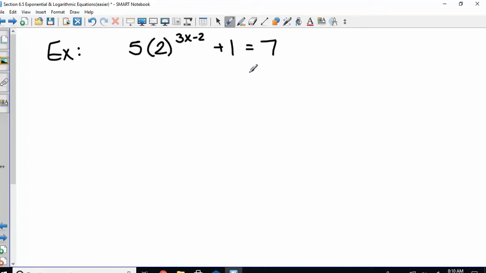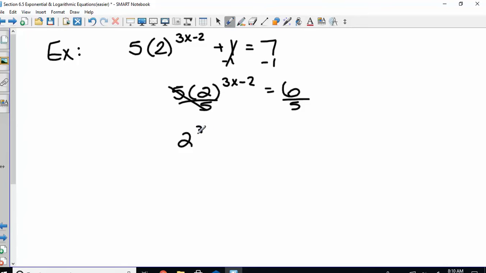Subtract over the 1, and also we can multiply 5 times. Well, the 2 has an exponent, so we can't multiply them. So what should I do with it? Divide by 5. 6/5, you could leave it as a fraction, or that's 1.2.